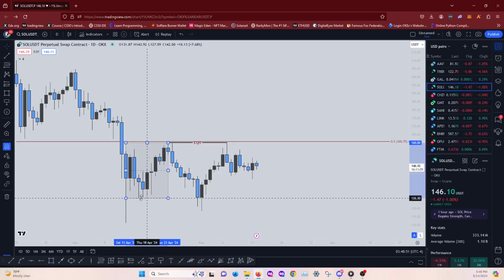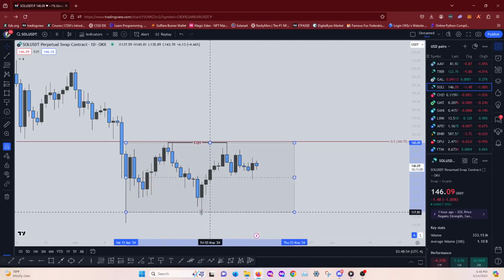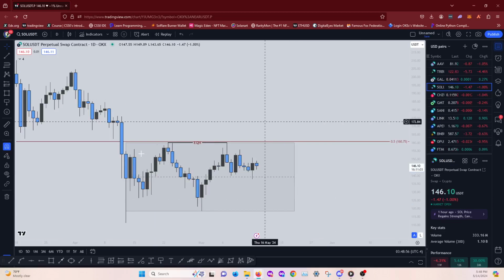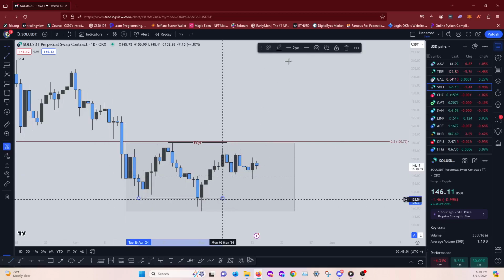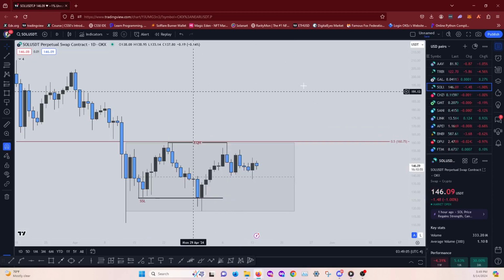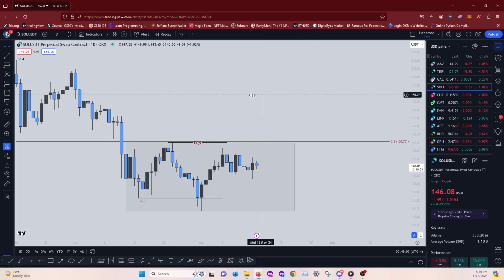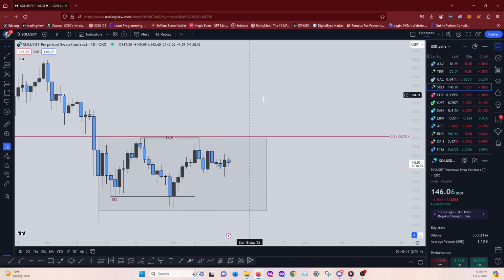I wouldn't count that wick because that's purely manipulative in my opinion. Within this range at the moment, we've already swept sell side, and we got a nice reaction out of the sell side sweep. So you could consider that price may go for this equal high.